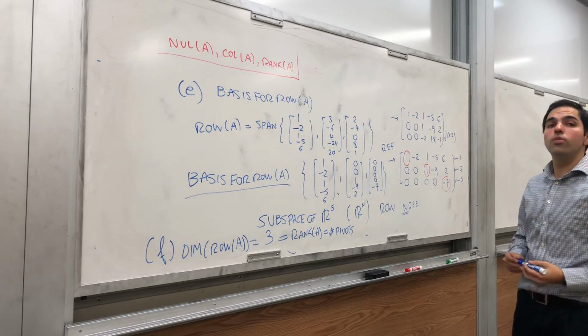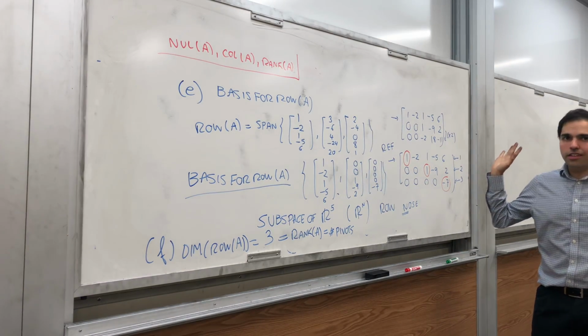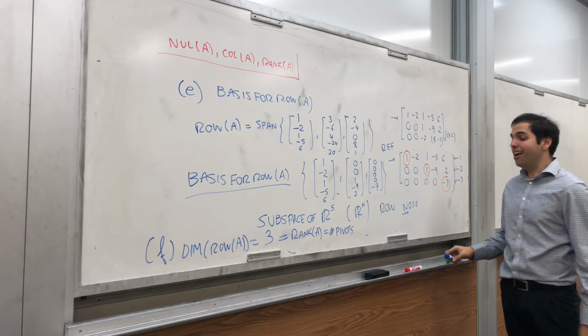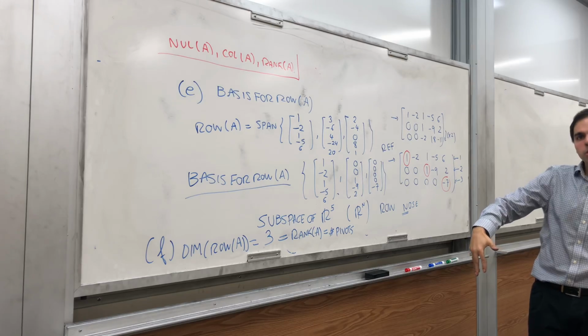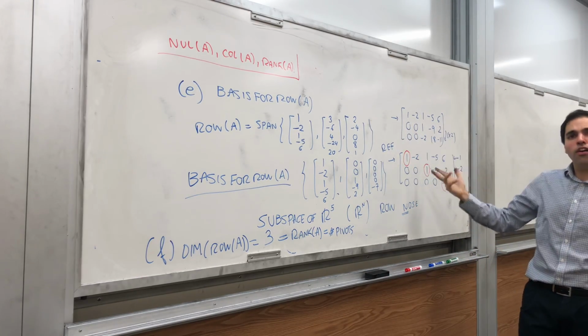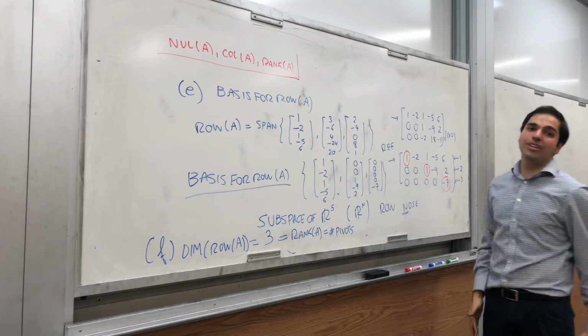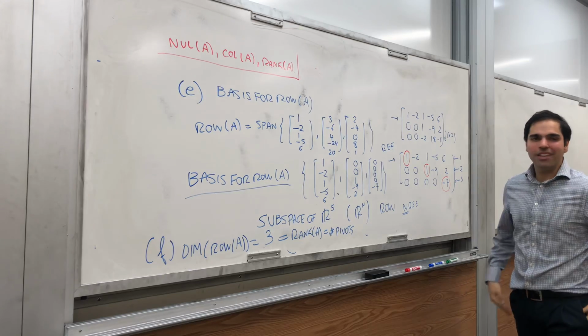So even though the row space and the column space are two different things, the dimensions are the same, which is a bit surprising, but I think it's pretty cool. And also, why don't you have to go back to your original matrix? Because row operations are nice with rows. They preserve span and linear independence. So it gives us an easier basis, if you like.